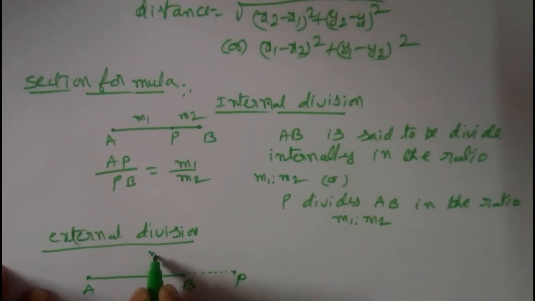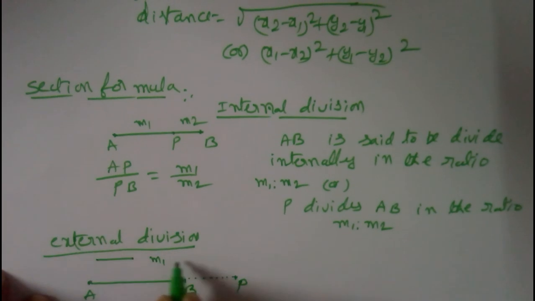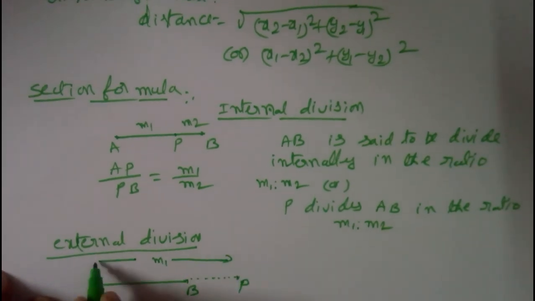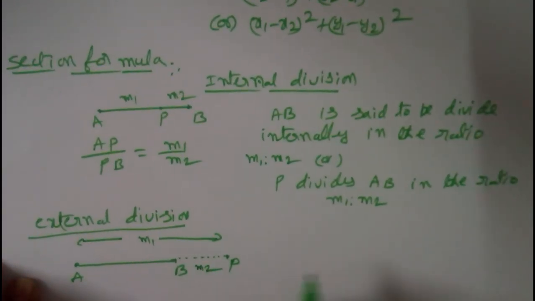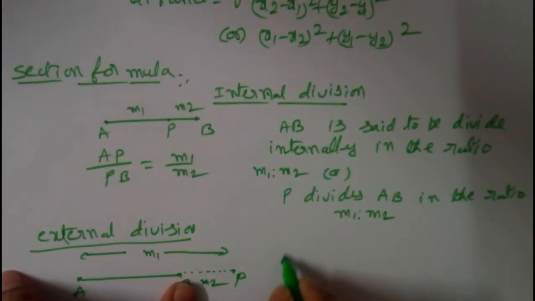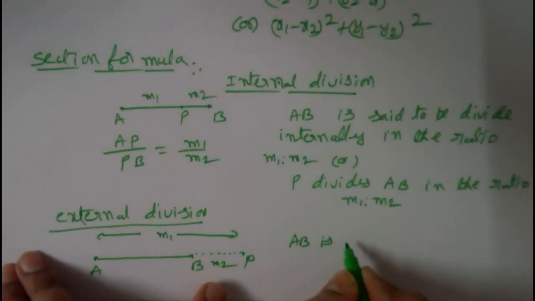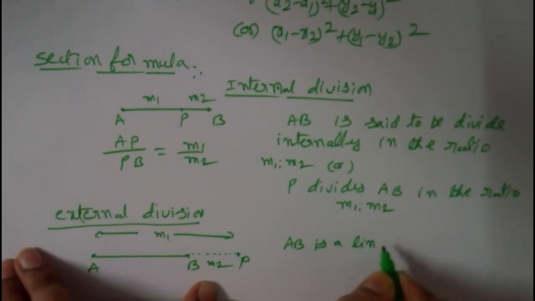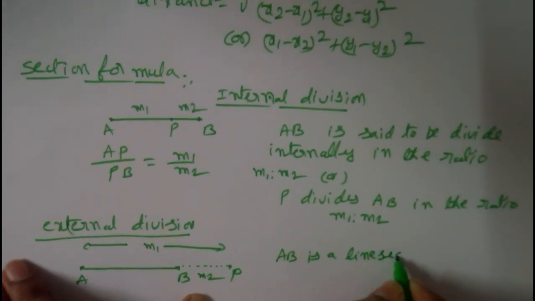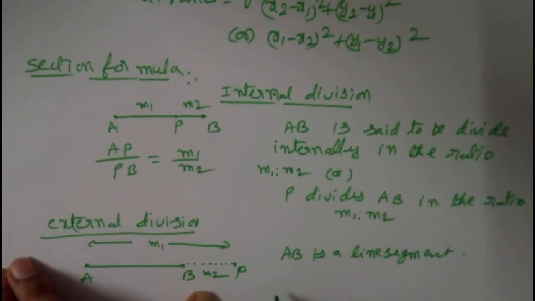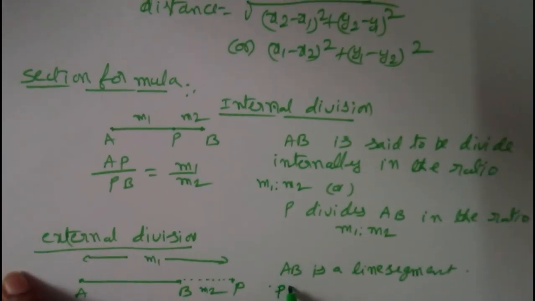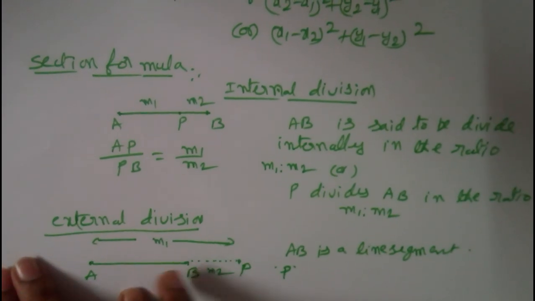Here AP is m1, BP is m2. AB is a line segment, and P is a point on the produced AB.